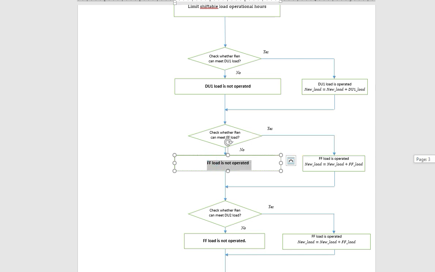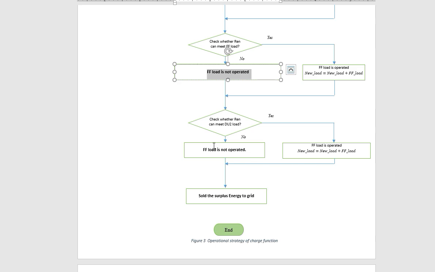The lowest load is not the FF load, sorry, it should be DU2 load, here it should also be DU2. So we are checking the remaining surplus after meeting either this one or this one.